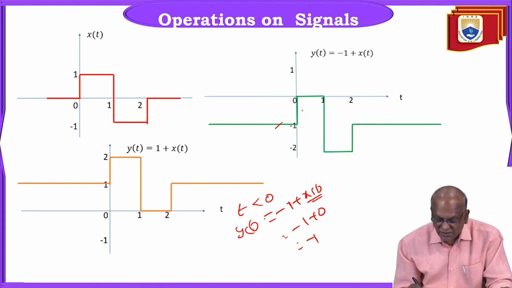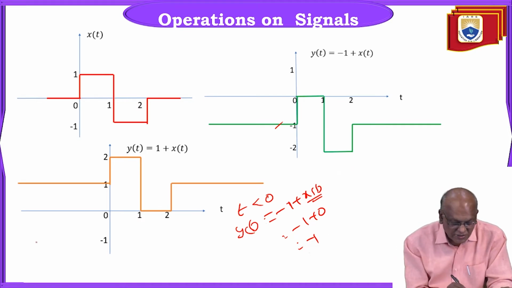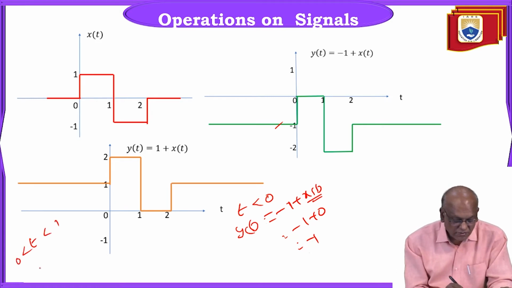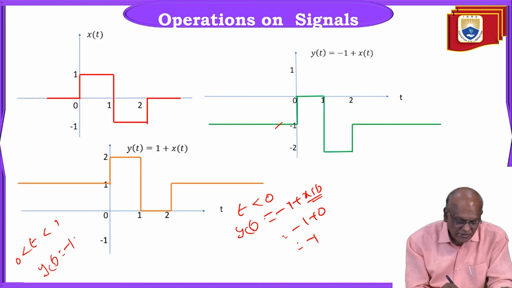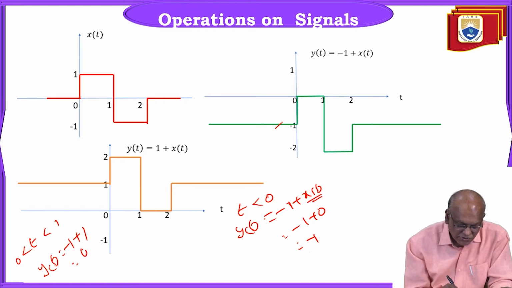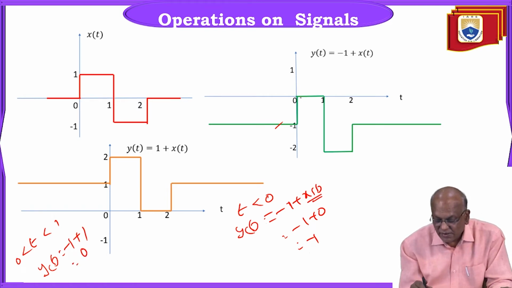Next, for t between 0 and 1, y of t equals minus 1 plus x of t, where x of t equals 1. 1 minus 1 becomes 0. That's why this is 0.